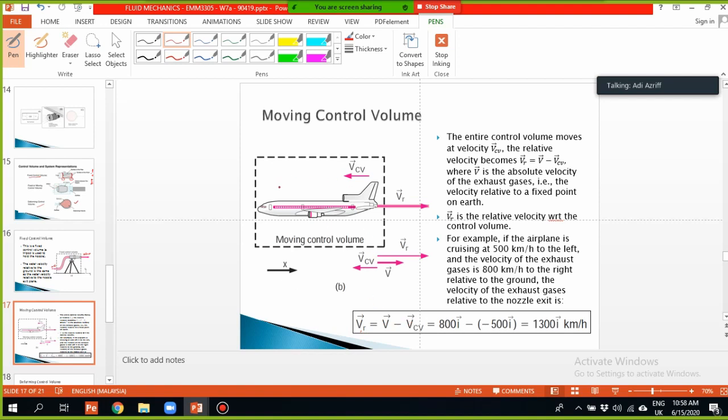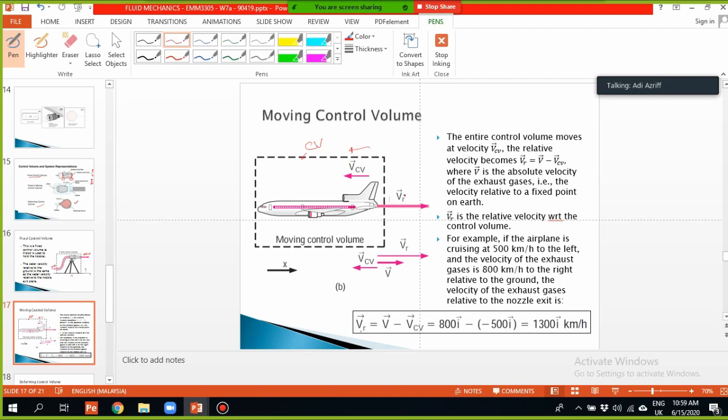In this case, for example, we take the whole aeroplane as the control volume. We know that the aeroplane will move to the left, which means our control volume will move to the left, so the velocity of the control volume is directed toward the left. In terms of V relative, for example the engine, the engine will produce thrust.